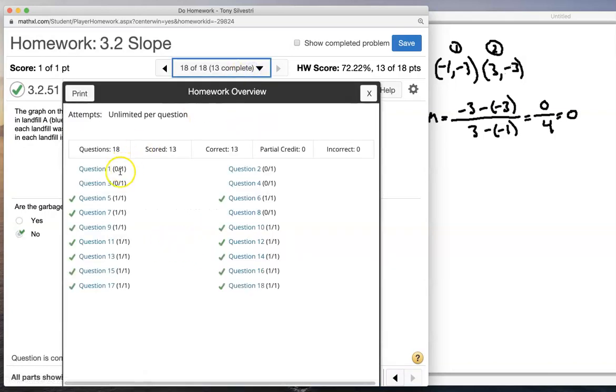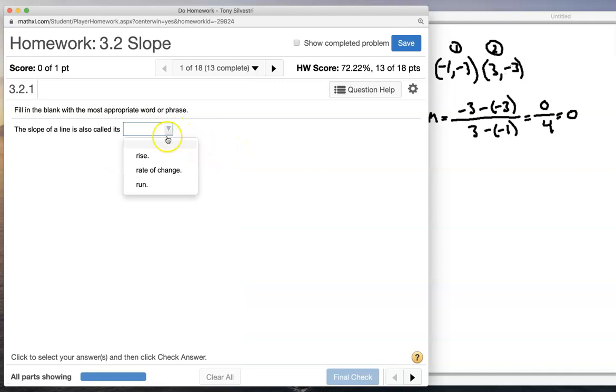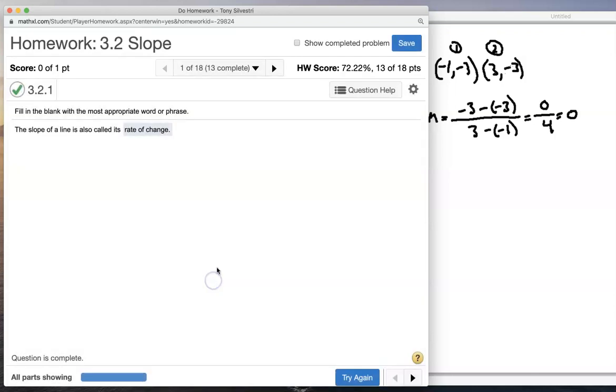Now I skipped the first few questions. The slope of a line is also called its rate of change. They call that the rise over the run. So if you move horizontally a certain amount, how much do you go up or down? That's the rate of change.